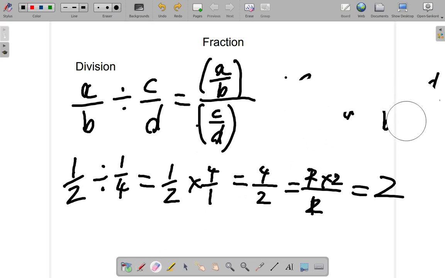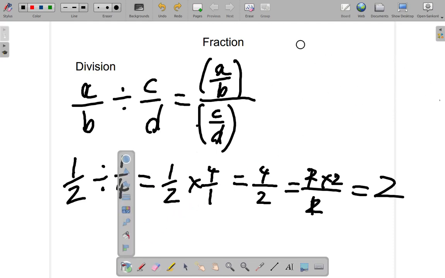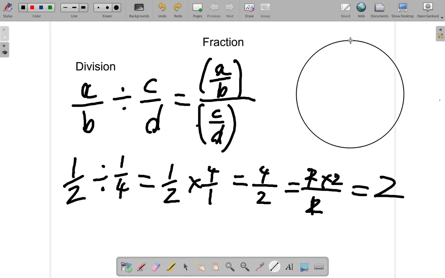So how you could consider it, this half divided by a quarter, is like you have an entire circle, and then you have 2 halves here. So you have 1 half over here, the other half over here. You're not multiplying by a quarter. Now this entire thing contains 2 halves.